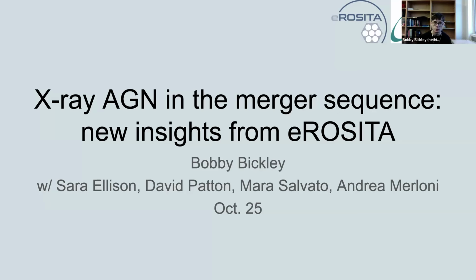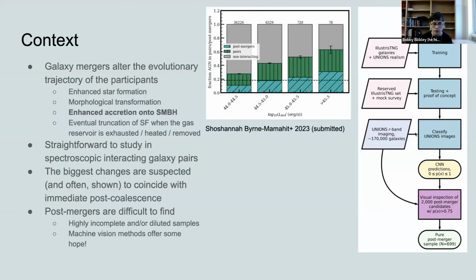And also data from the eROSITA space mission. This is a result of my having a chance to work with folks at MPE outside of Munich earlier this year. So I've been able to use the data from that project and combine it with some of my old methods to come up with hopefully some exciting new results about AGN triggering and accretion in galaxy mergers.